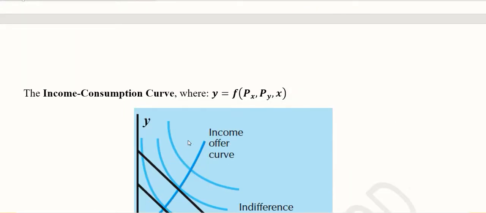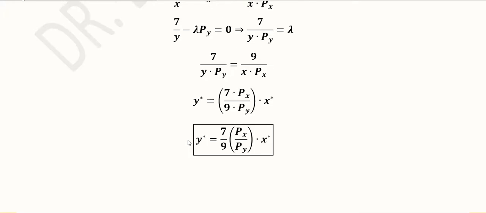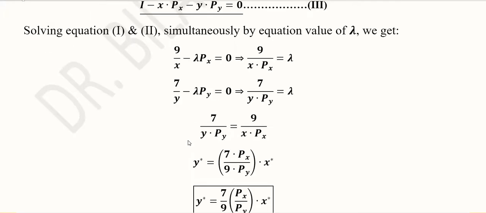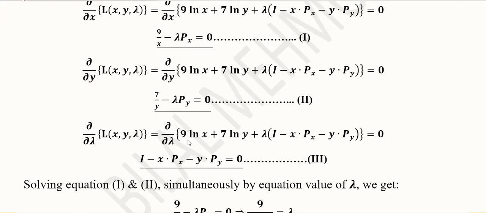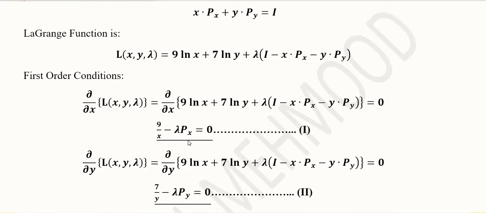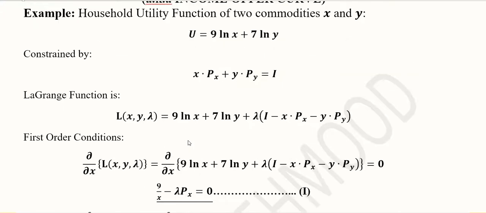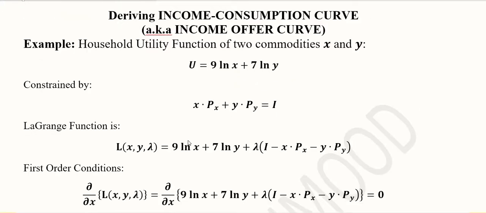This is the diagram of it, this is the equation of it, and it was developed by simultaneously solving the first order conditions that we developed by using the Lagrangian function, and that was developed by resorting to the given information, that is the objective function and the constraint function. So this is how we can mathematically develop the income consumption curve.